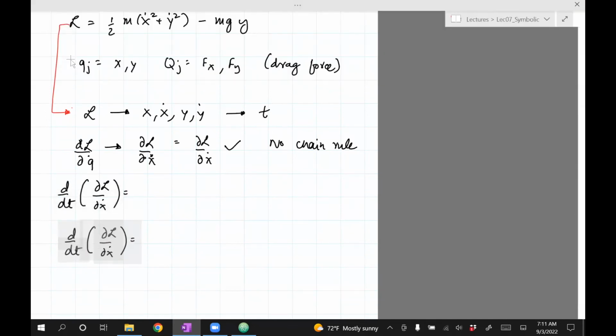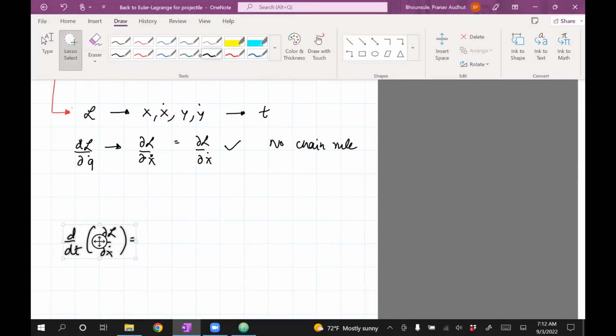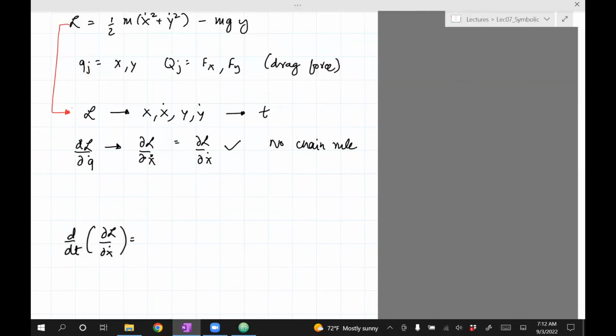I'll write this as a function of ẋ, ẏ. For this particular case, it may not be a function of all these variables, but in general, if you have a more complicated formula, it could potentially be a function of all of them.